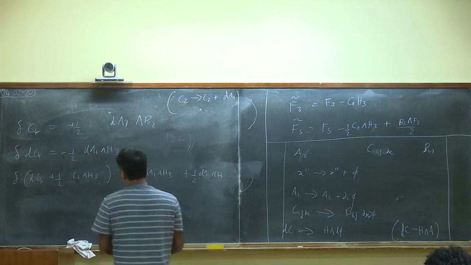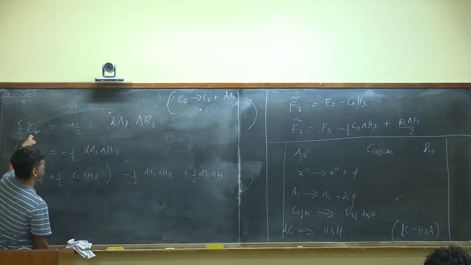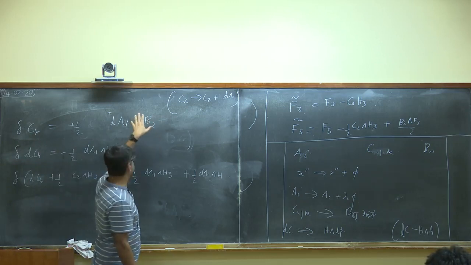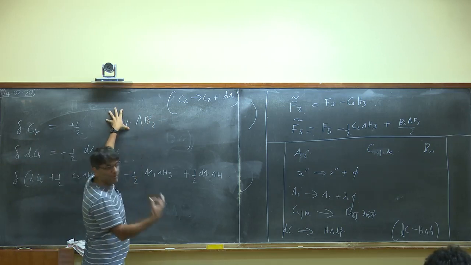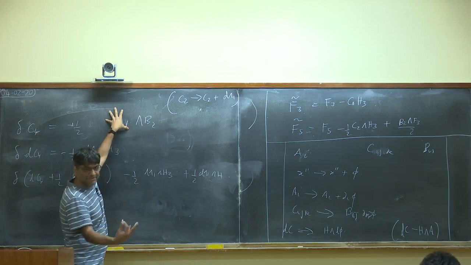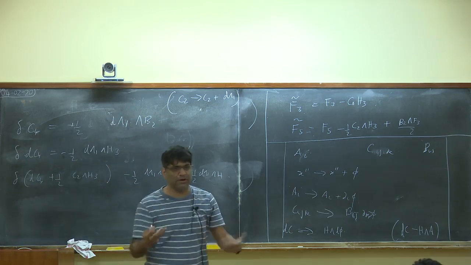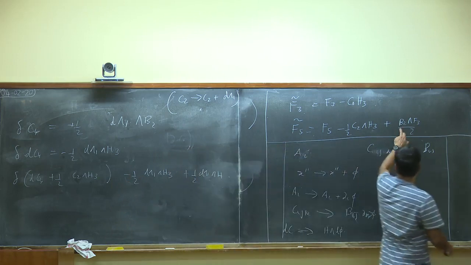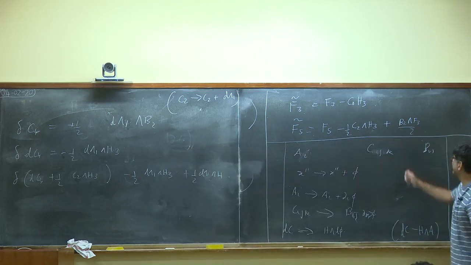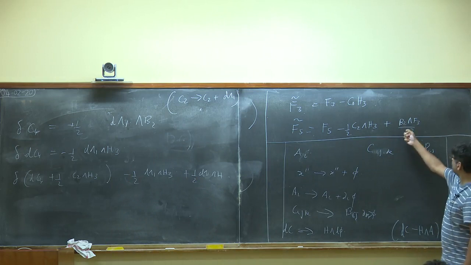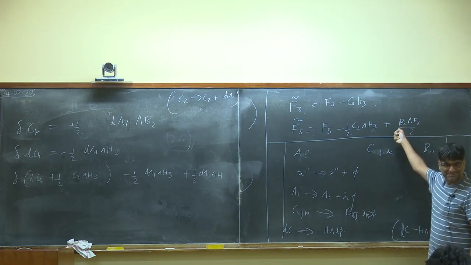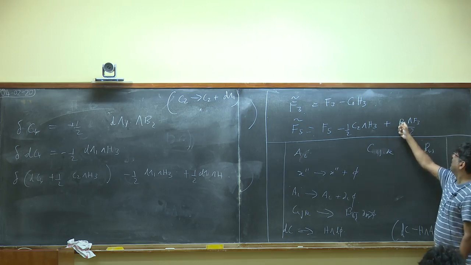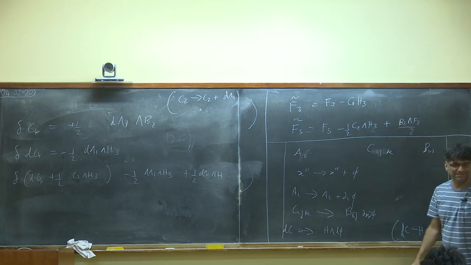Similarly, this was how C4 transformed under the Ramond-Ramond two-form gauge transformation. What is this term telling us? This term is telling us that C4 also transforms under the NS-NS two-form gauge transformation.